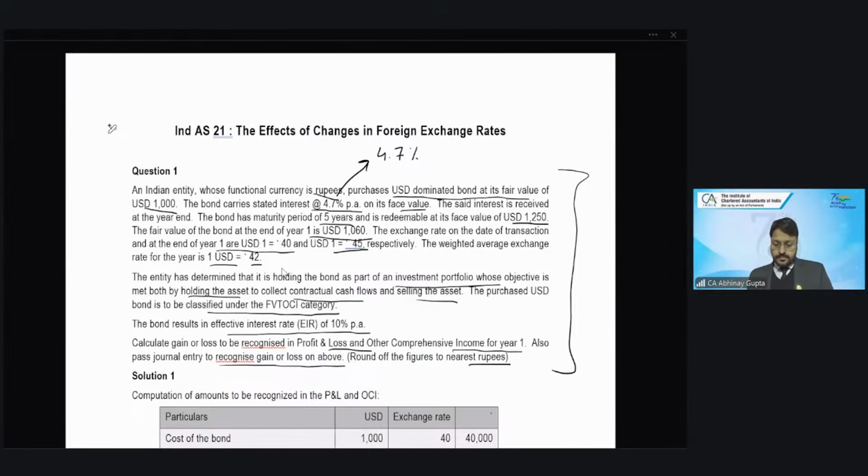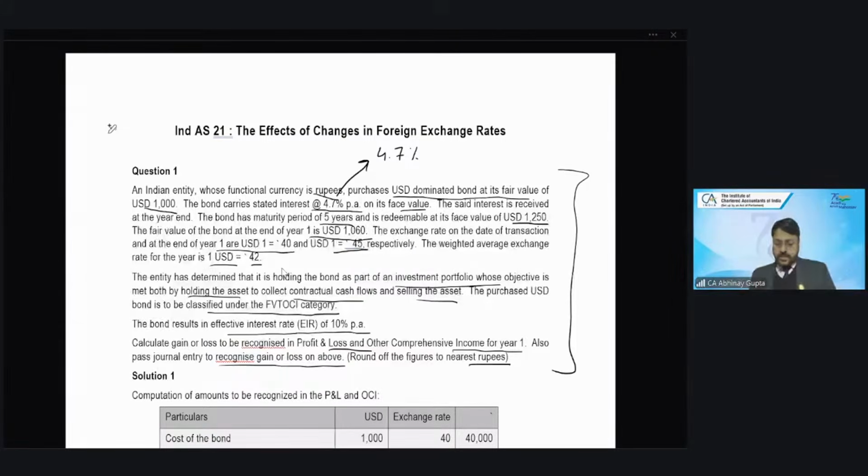Sir, accrued interest is 4,200. Okay, accrued interest is 4,200 in the P&L. And how much is the interest which is actually received? Received is 2,643.75. Okay.